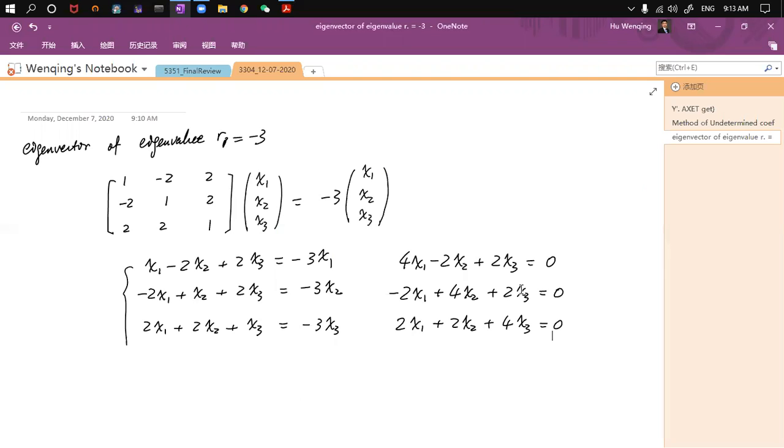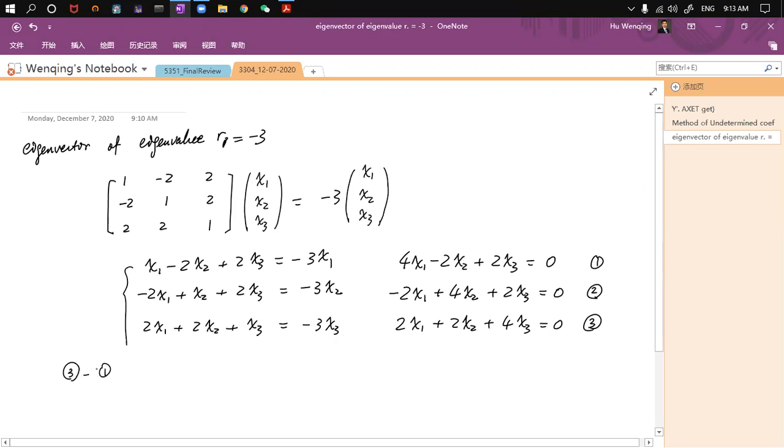So you can see that if you let these be the first, second and third equation, then there's a redundancy here, because equation 3 minus equation 1 gives you just equation 2. Which means that this is not a necessary equation, and you just need these 2 equations.